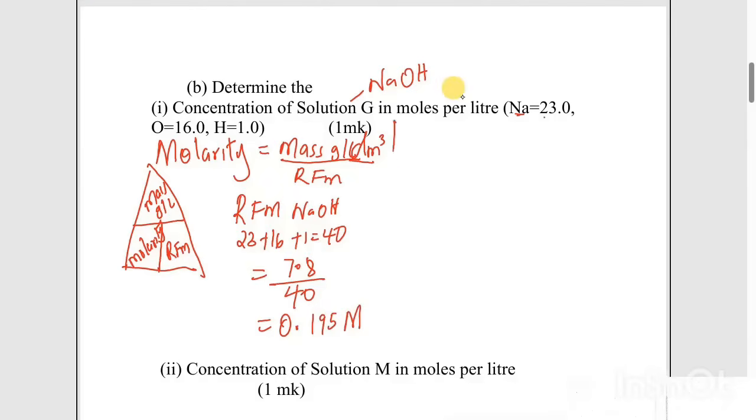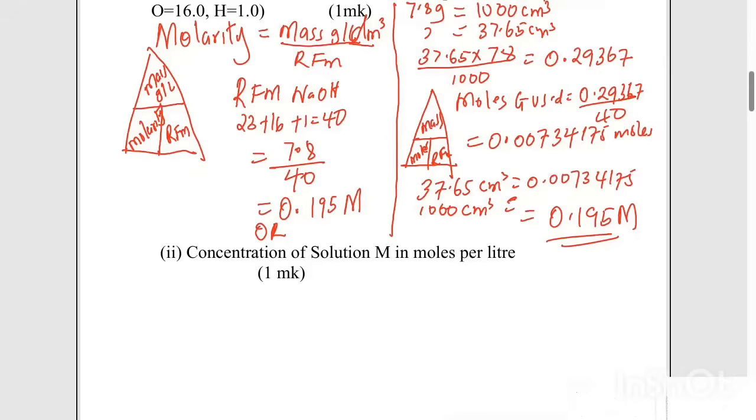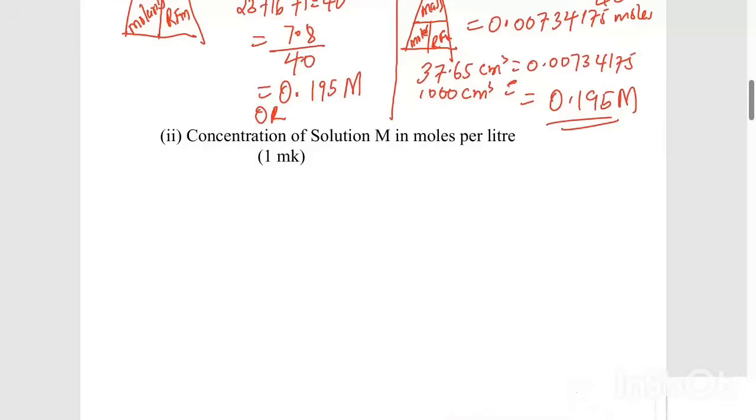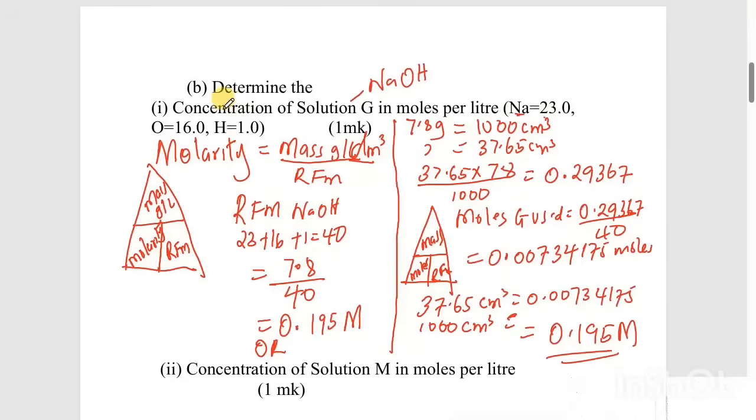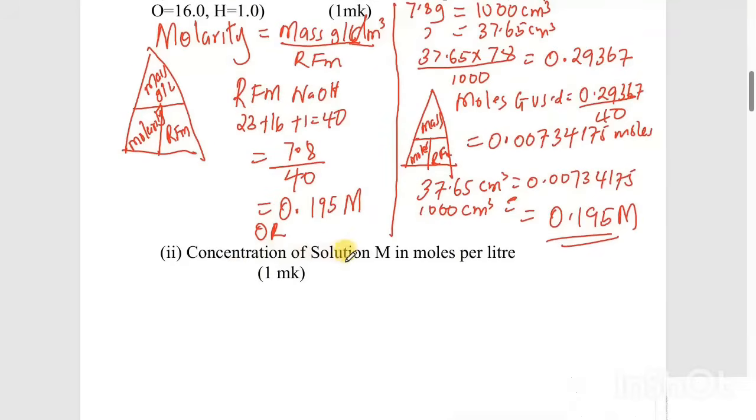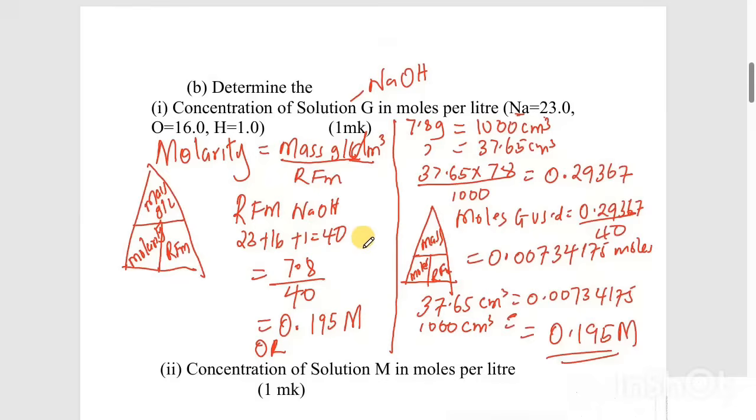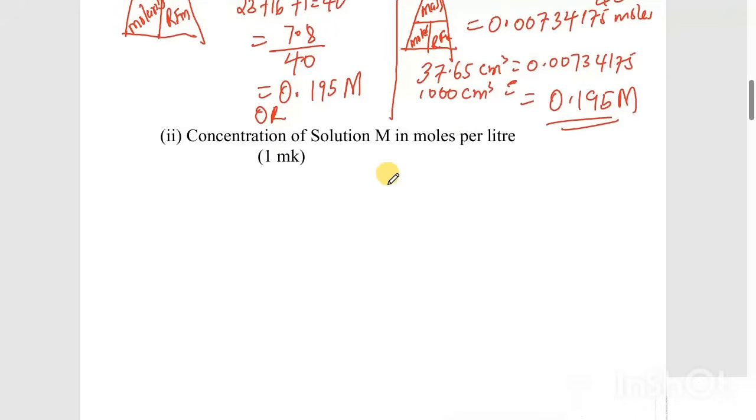There is another way you can do it, though it is a long cut. Now Roman 2. Calculate, the question begins here, determine the concentration of solution M in moles per liter. Remember, solution M reacted with solution G. We know the volumes of both solutions.